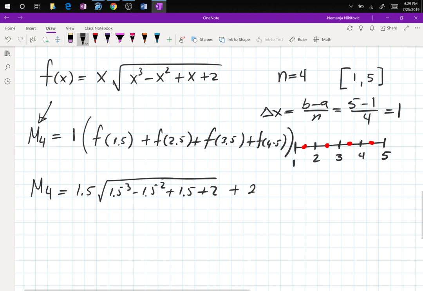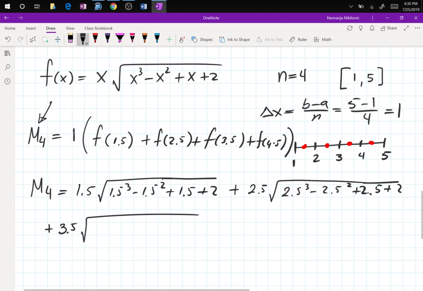Plus 2.5 times the square root of 2.5 cubed minus 2.5 squared plus 2.5 plus 2. I'm already tired. 3.5 square root of, I could have done this on a square root of x and be done.